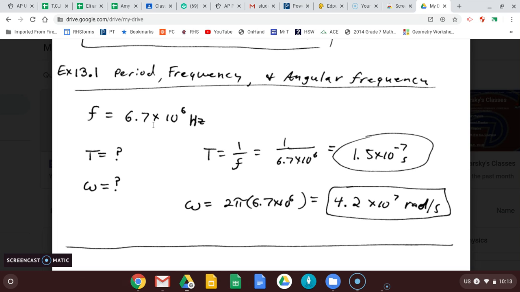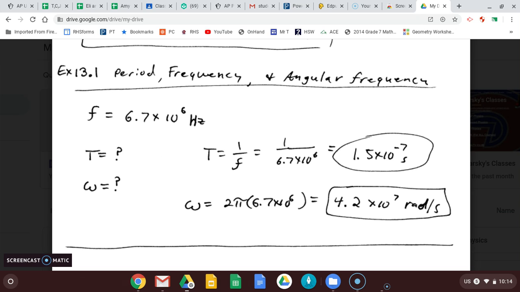Now, for a mechanical device, that is a ridiculously high number, but when dealing with waves, that's definitely in the ballpark of high frequencies, which naturally occur, especially with electromagnetic waves. All right, so when we want the time period, as I said earlier, time period and frequency, as long as the frequency is in hertz, are simple inverses of one another.